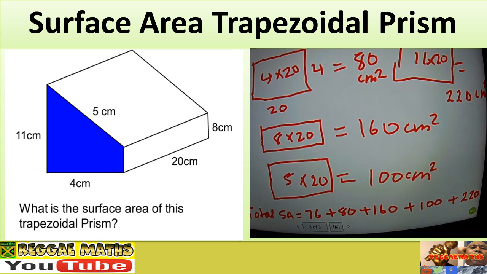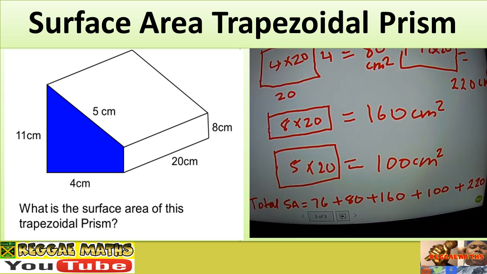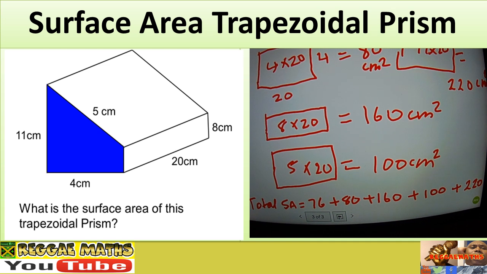Okay, so the total surface area, the two trapezium is 76 and each of the rectangles.